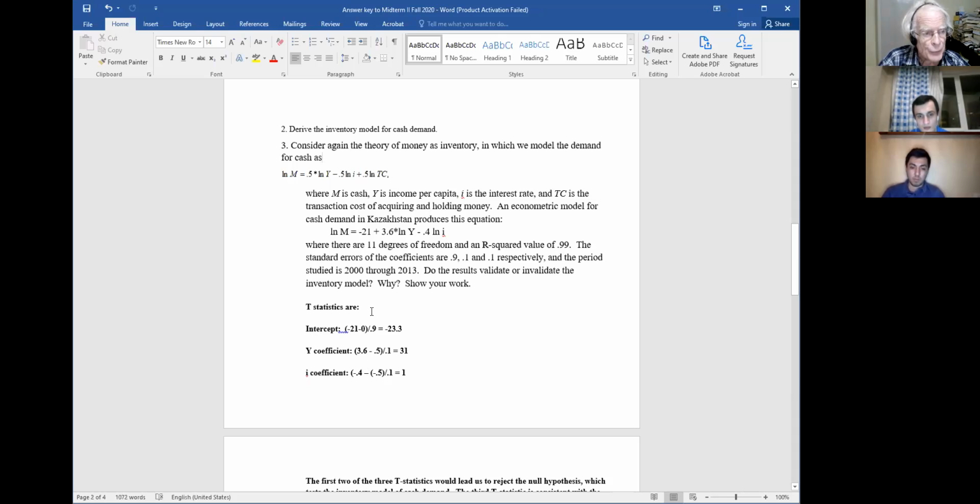And so there you have it. Mixed results for the inventory model in Kazakhstan. However, we don't have a lot of data in this sample, only 14 years of data. These are annual estimates. So one problem is that we may not be able to measure the coefficient very precisely, we just don't have enough data to do that.